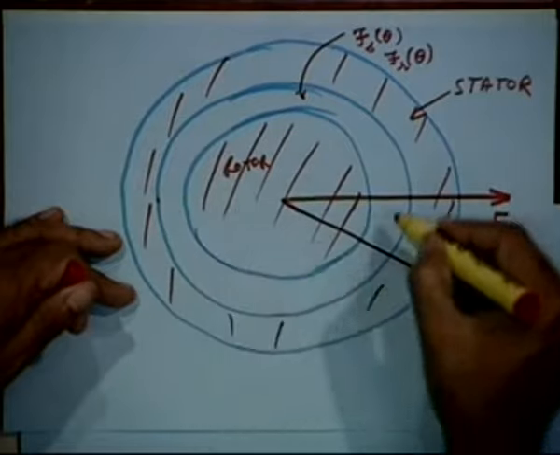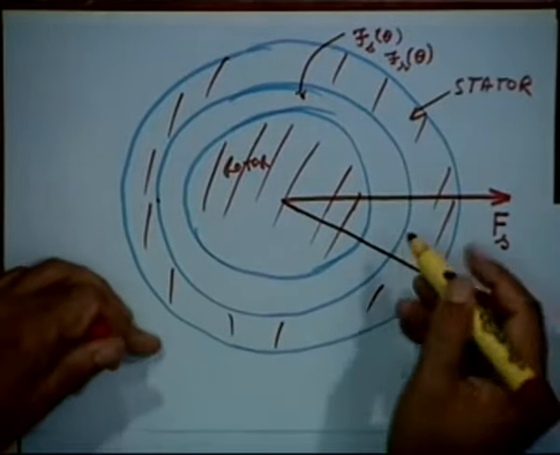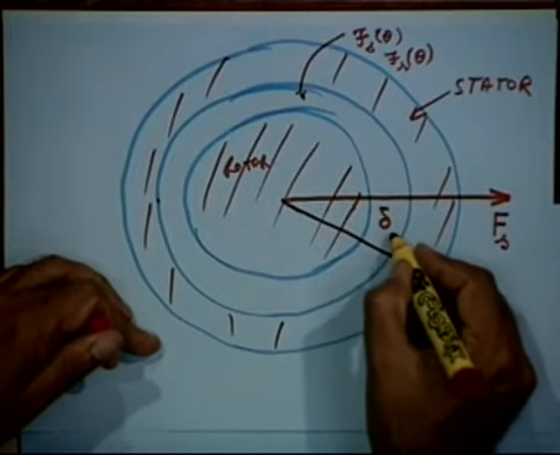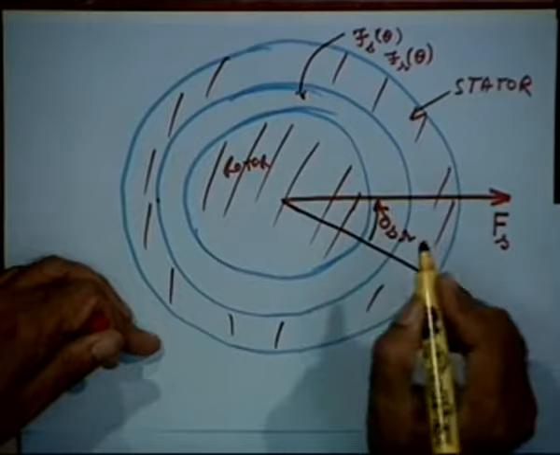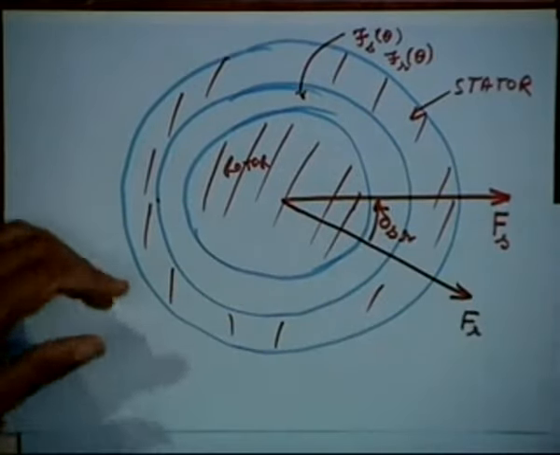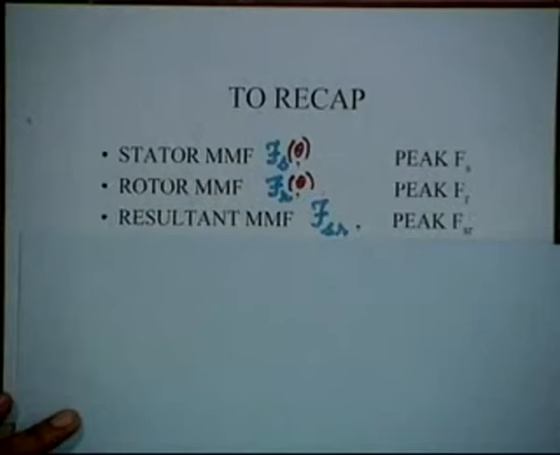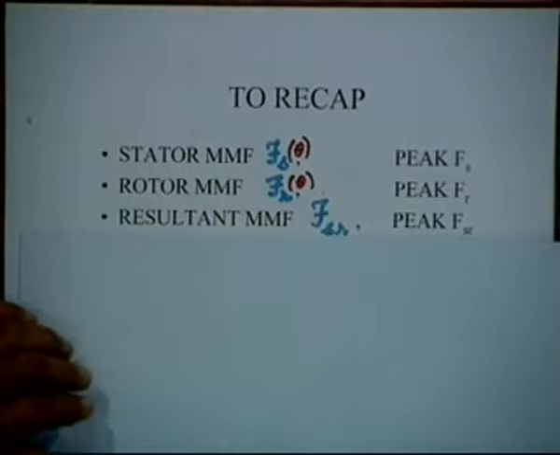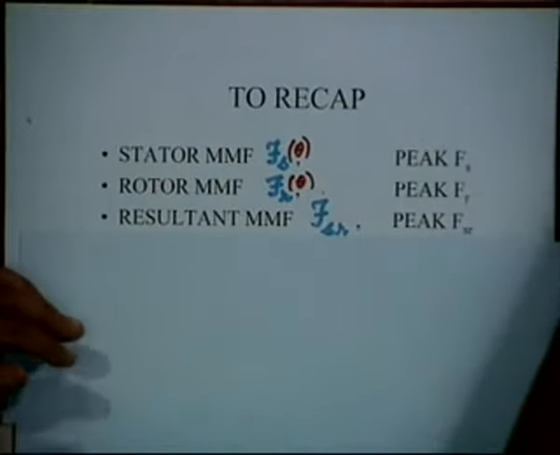At every position in the air gap, we now see an MMF, and the angle between them we will call delta SR, the angle between Fs and Fr. Now we have seen that the resultant of this we call FSR, which is the vector sum of these two.